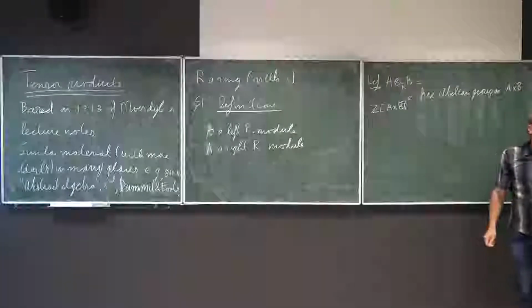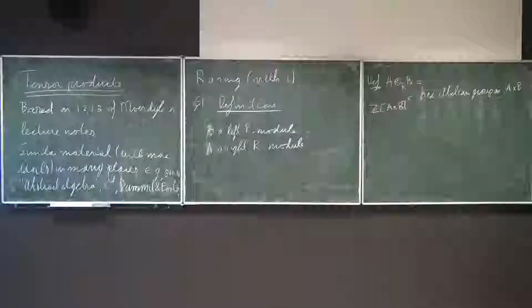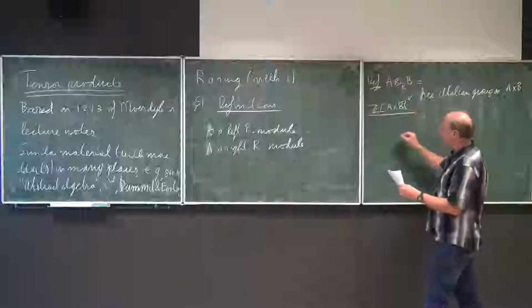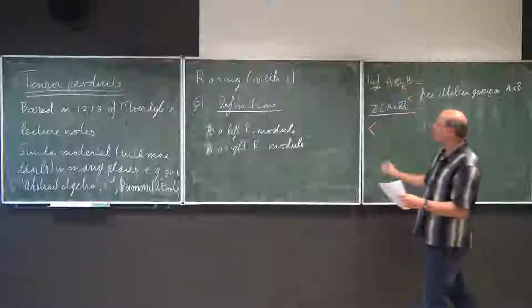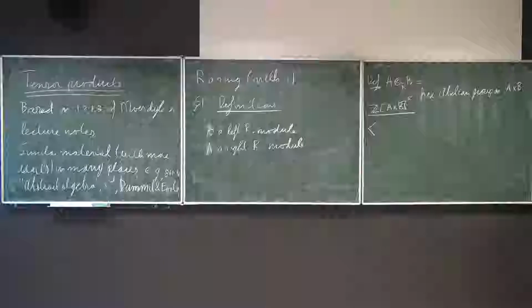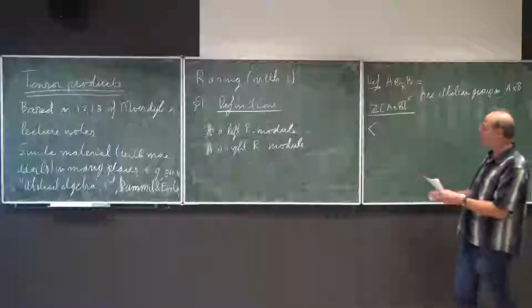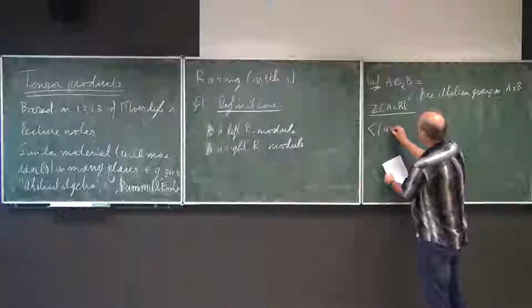Elements are finite formal sums of elements in A cross B with a coefficient in Z for each one, mostly 0. And we're going to quotient this out by a subgroup generated by, indicated by those angled parentheses, 3 types of relations, 3 types of elements.